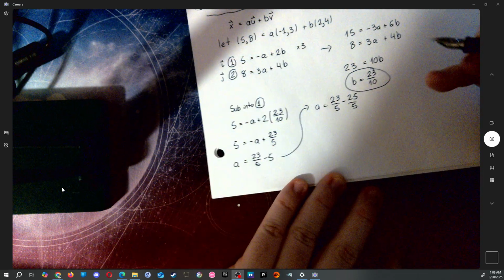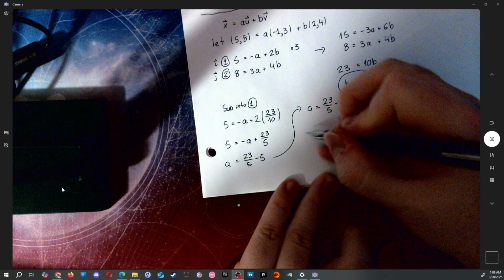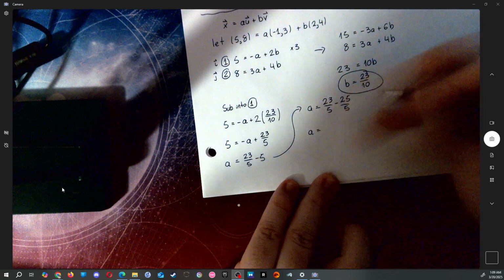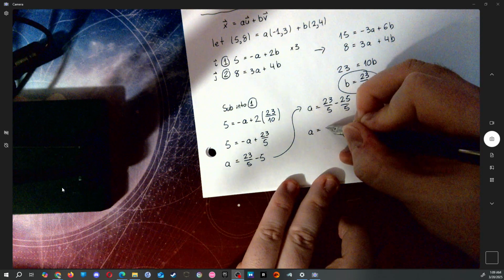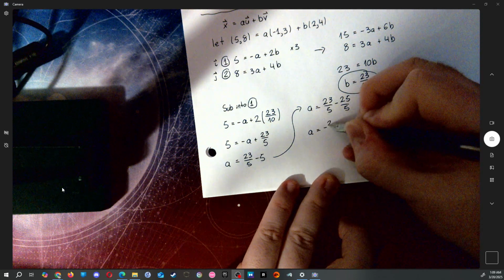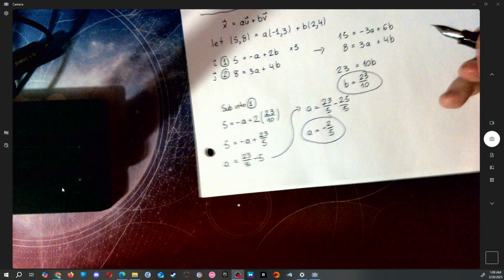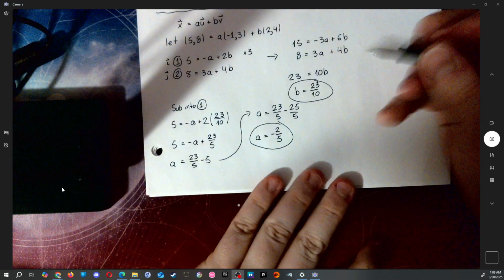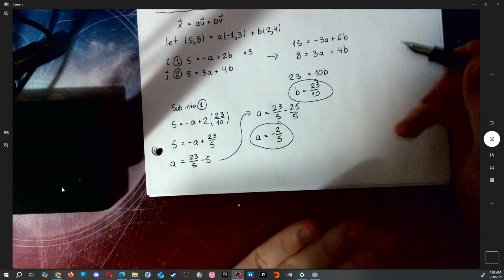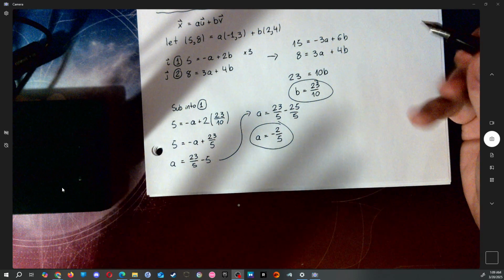Because we need our common denominator. And then after that, 23 minus 25 leaves us with -2, so I'm going to end up with -2 over 5. Again, you'll have to excuse my slow calculations. It is pretty late. So now we found our two values, but remember, we still have to make our statement.